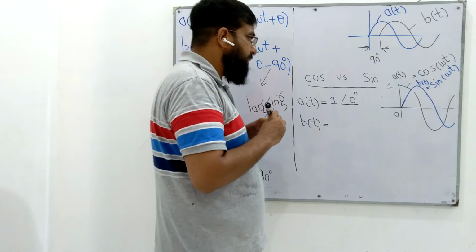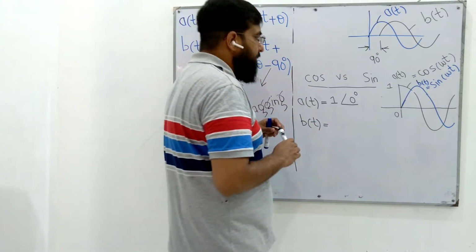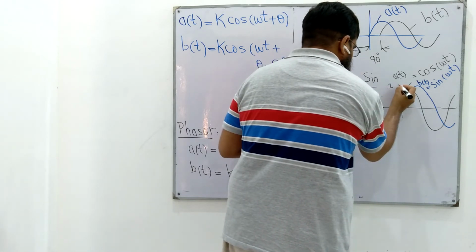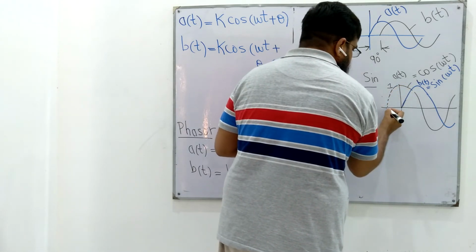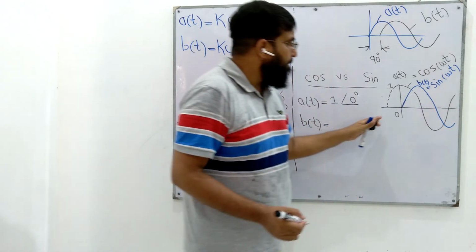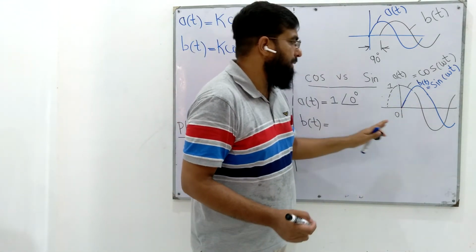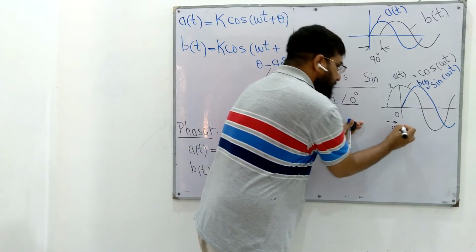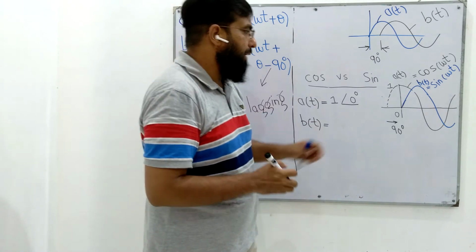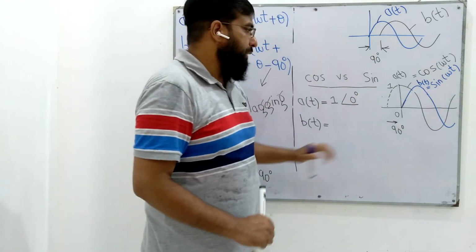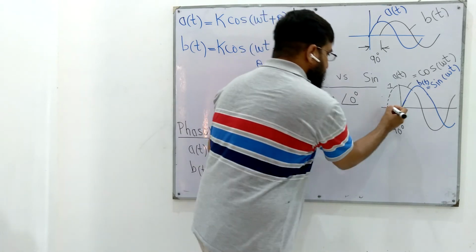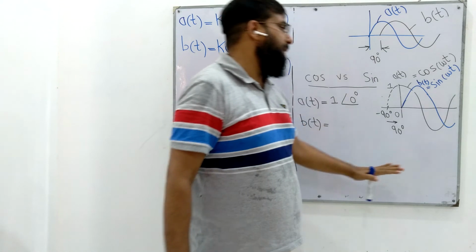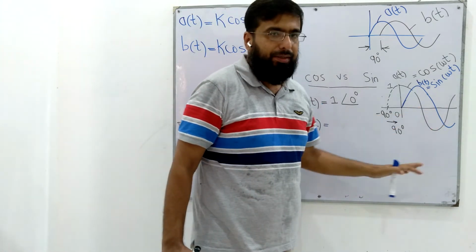If we shift this signal cos of t, if we draw it behind 0, we see it can become a sine if we shift this signal by 90 degrees towards right. If this black signal is pushed towards right by 90 degrees, this is minus 90, it will become exactly the sine.